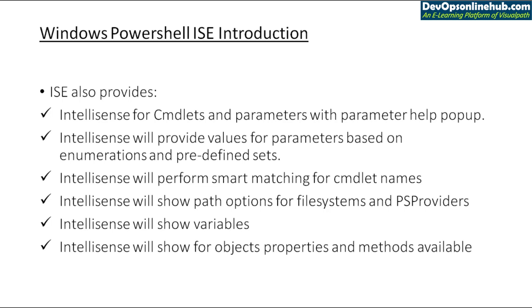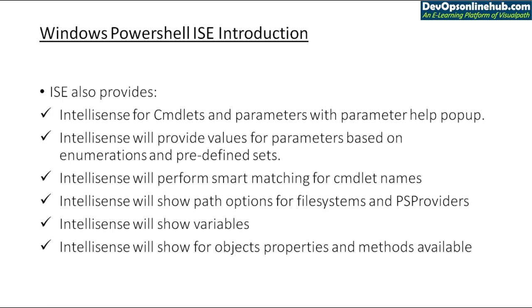Next, IntelliSense will also provide values for the parameters based on enumerations and predefined sets. So if there are any enumerations, it will provide them, and it will list down all the functions, all the variables, and all the cmdlets, and that is really very helpful for us to write a program.